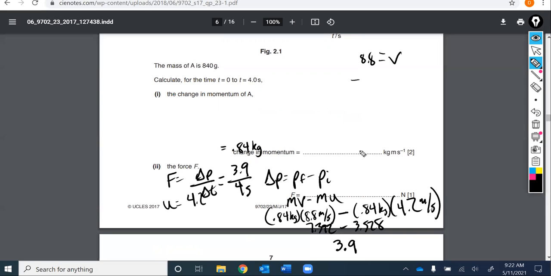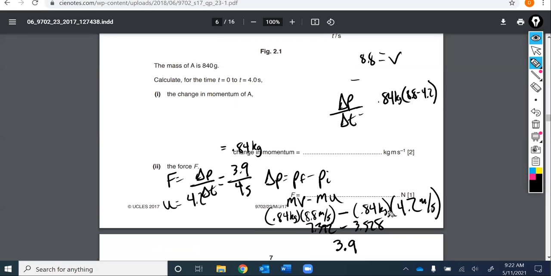Now let's explore how equivalent that is. Just like I showed in the definition of Newton's second law of motion, we have this delta P that we've already worked out, 0.84, and now I'm going to factor it out. So 0.84 kilograms times the quantity 8.8 minus 4.2 meters per second.